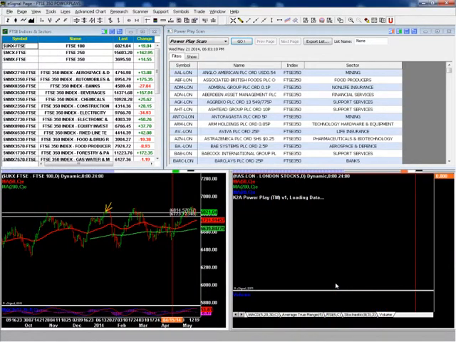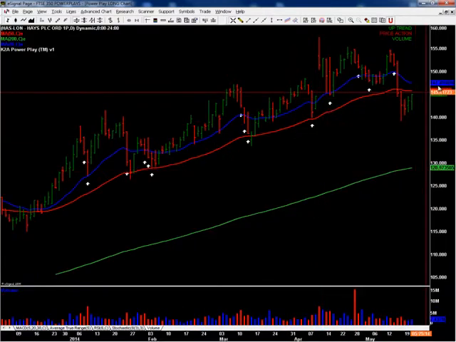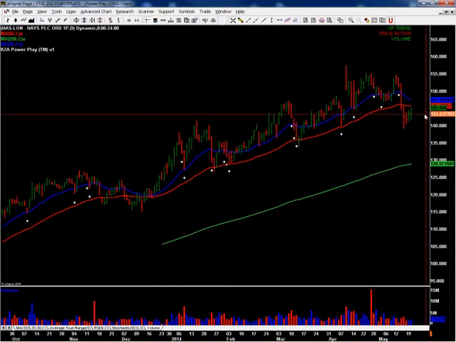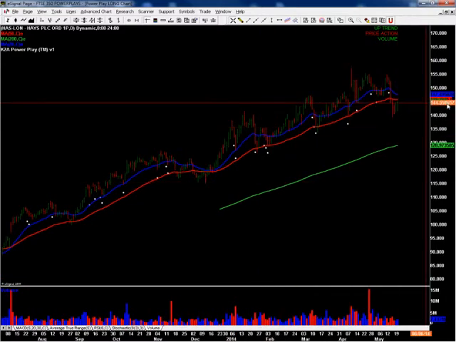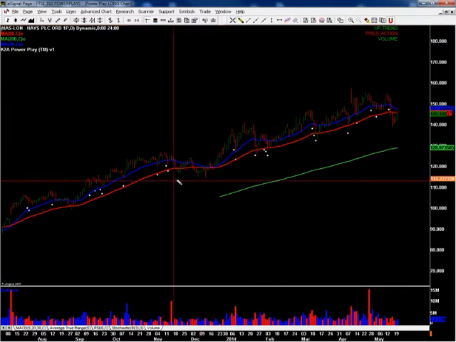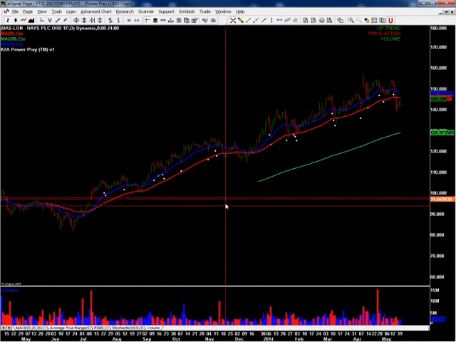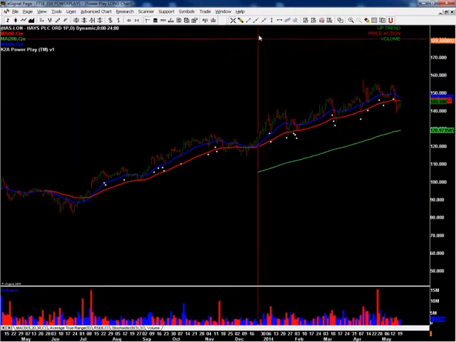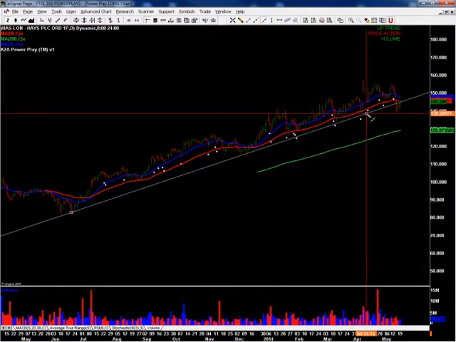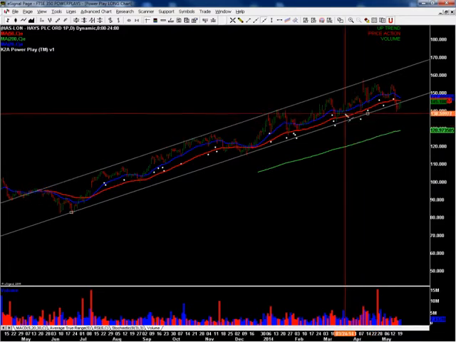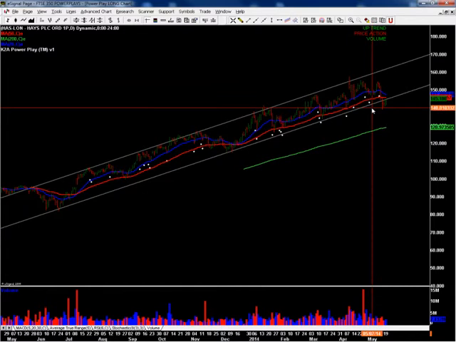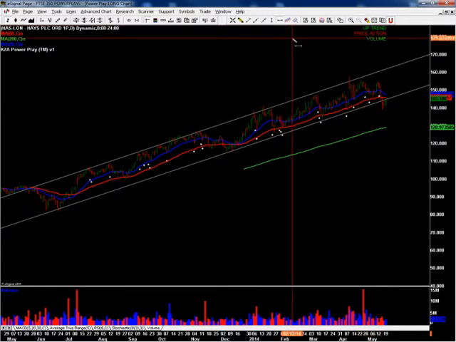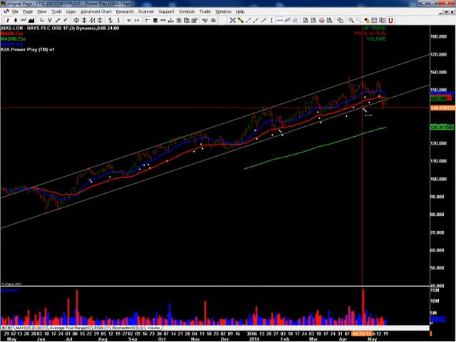HAS-LON. So this Hayes place, and it's been giving entries here non-stop on power place, going up. That's your channel. Beautiful trend going up. Now it's retesting some levels here.